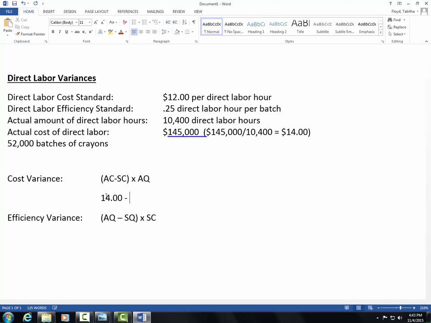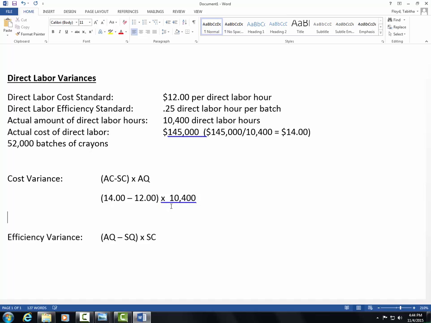Our standard cost was $12 an hour. Ooh. We paid our workers $2 more an hour than what we thought we should for our standards. Our actual quantity: how many labor hours did we actually use? 10,400. Okay, and that will give us our cost variance of 20,800.